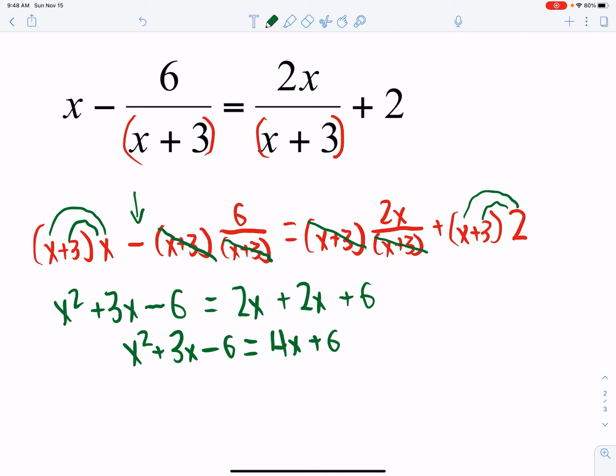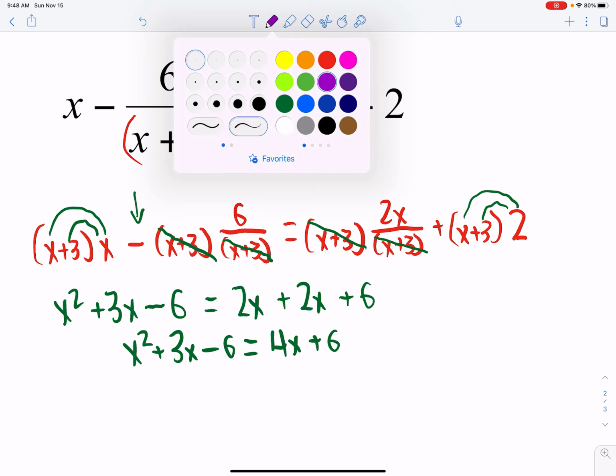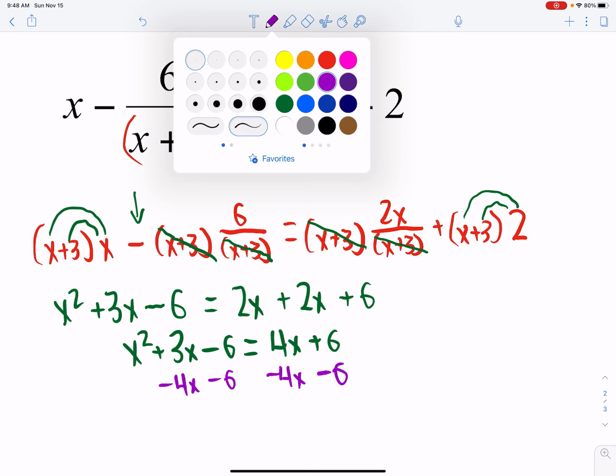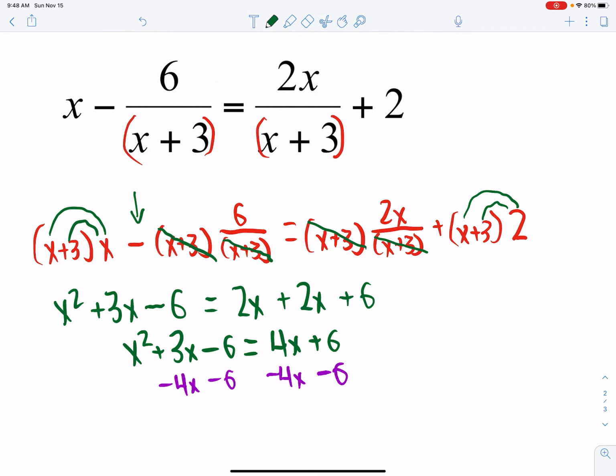Now we need to keep going. We need to get everything on one side so it's equal to 0 and we can factor it. So we subtract 4x from both sides and we subtract 6 from both sides. Doing that leaves us with x squared minus x minus 12 equals 0.